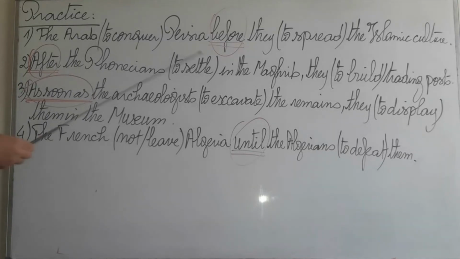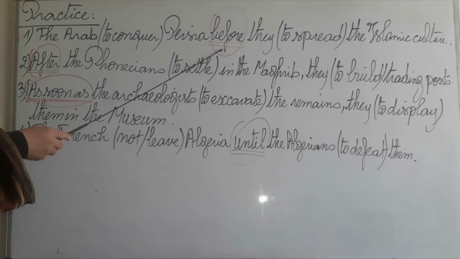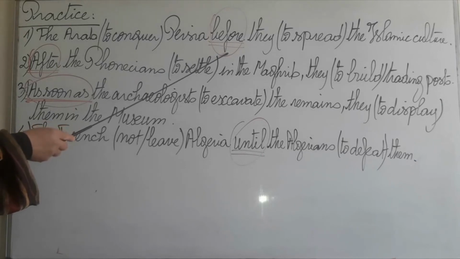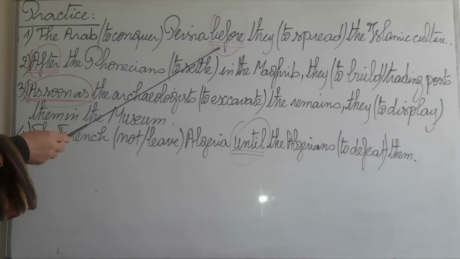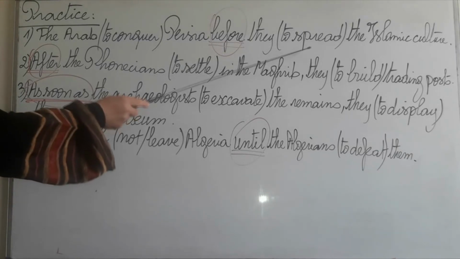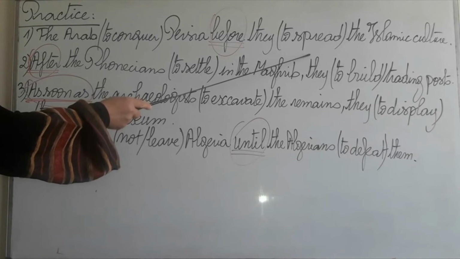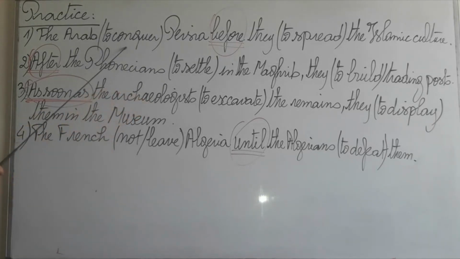As you can notice, sentence 1 contains before. The rule with before says that if before is in the middle of the sentence, the second verb is in which tense? Past simple. Well, the first verb is in which tense? Past perfect. So, remember the rule. After is in the initial position, just at the beginning of the sentence.